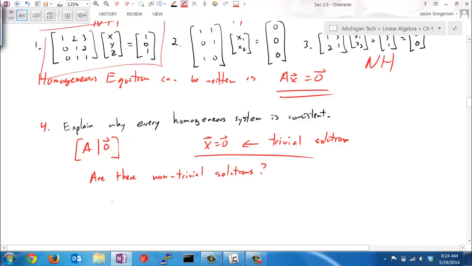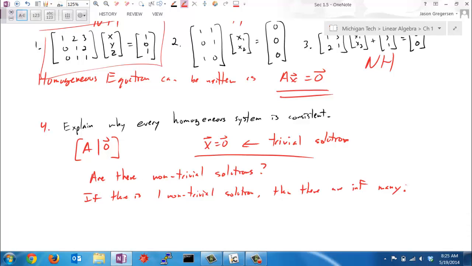Okay. So if there is one non-trivial solution, then there are infinitely many. Now, what's usually the calling card for infinitely many solutions? If I already know it's consistent, how can I tell if there's infinitely many solutions? What would it have?